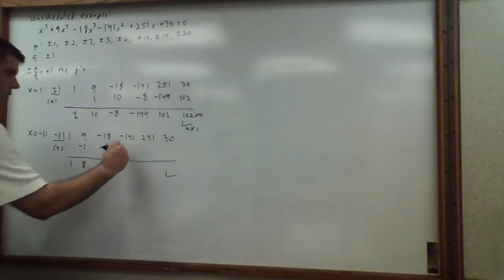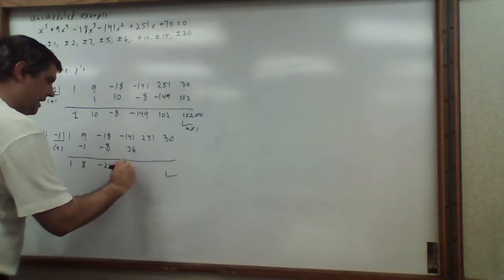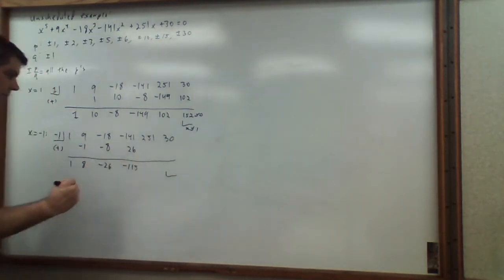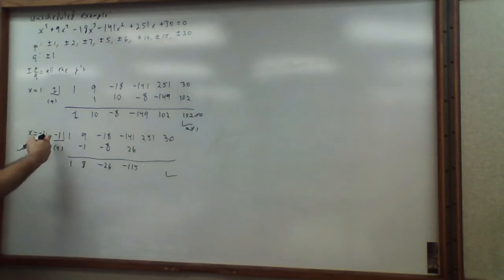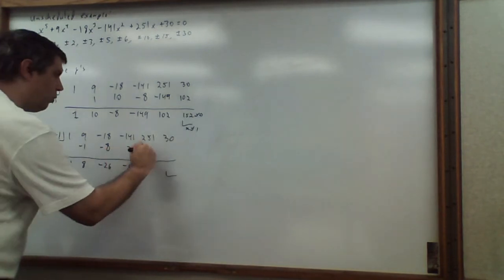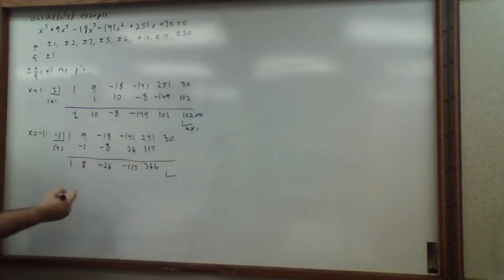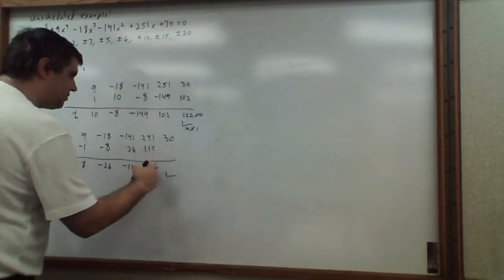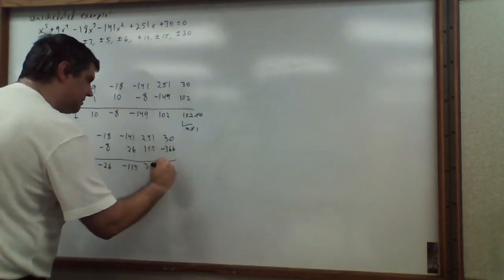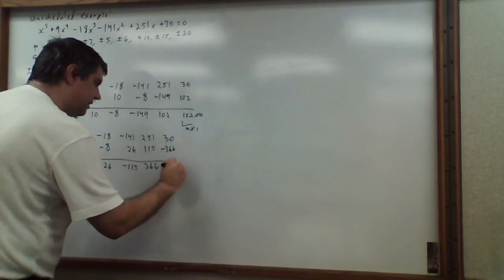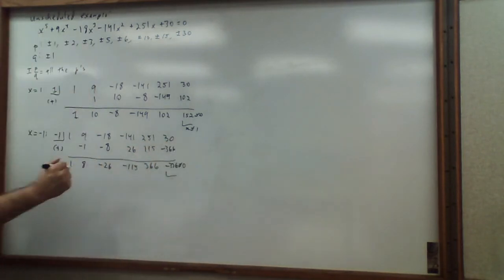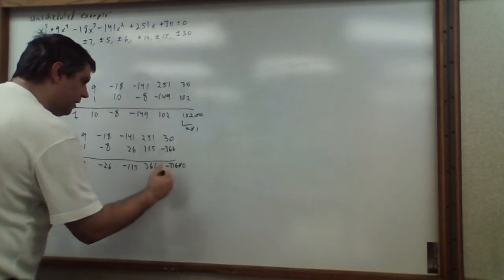Negative 1 times negative 26 is positive 26. That's negative 115. Negative 1 times negative 115 is 115, and that is 366. Negative 1 times 366 is negative 366. That's negative 336, which is not 0. So x does not equal negative 1.